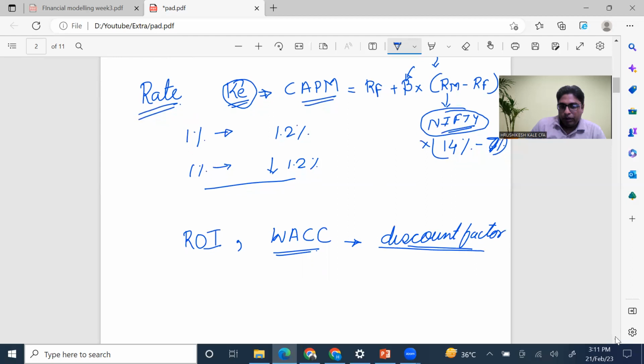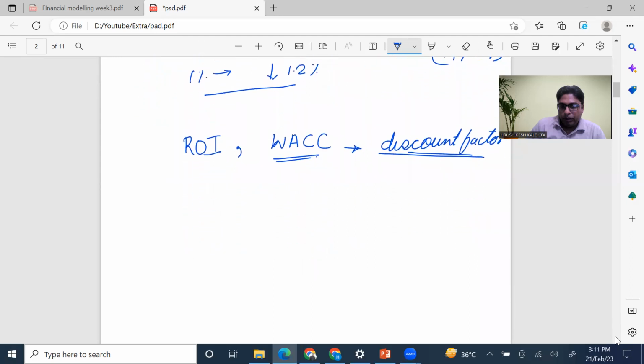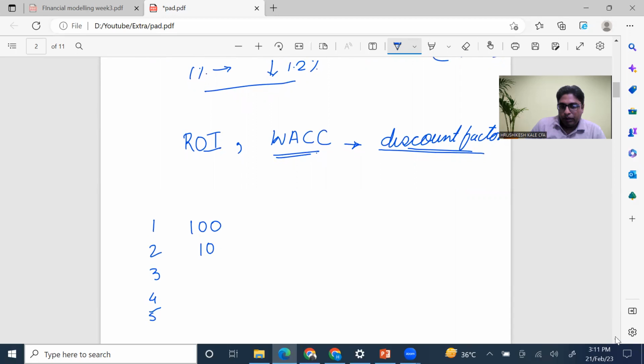Now, let us try one simple example. Let's say 1, 2, 3, 4, and 5. These are 5 years. 100 rupees is the profit. Now, always remember, whenever I'm doing capital budgeting, I will always consider cash profits.